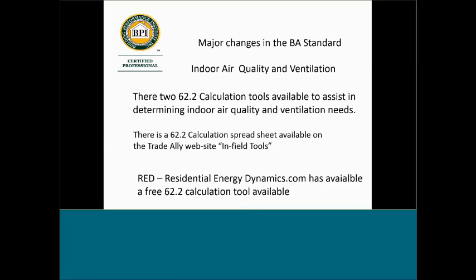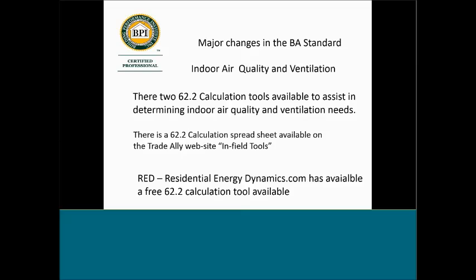Again, there are two 62.2 calculation tools available to assist in determining the indoor air quality and ventilation needs. What you're going to have to be able to do, though, is have the information available, which is the square footage, the number of occupants in the house. You're going to have to measure kitchen fan and bathroom fan CFM flows, which means you're going to have a flow hood and a digital gauge and come up with what the existing flow rates are for those exhaust fans.